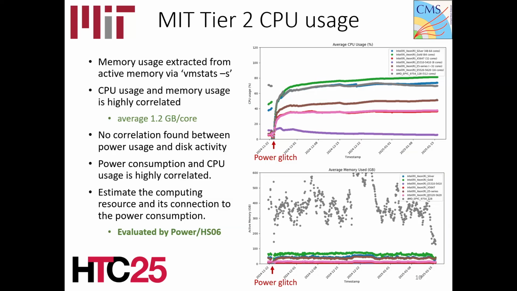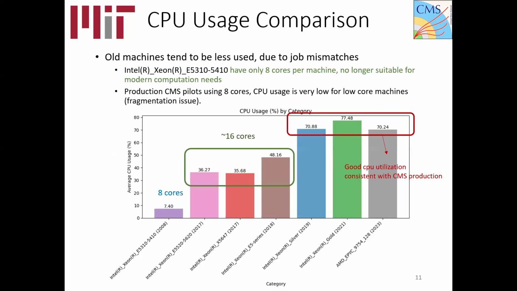So to evaluate the power efficiency, here we use the amount of power that you use to provide a certain amount of HEPSPEC value as a metric. And probably the third thing you will see is that among different CPU models, they have very different CPU usage efficiency. And here is a more direct look at those different CPU models.